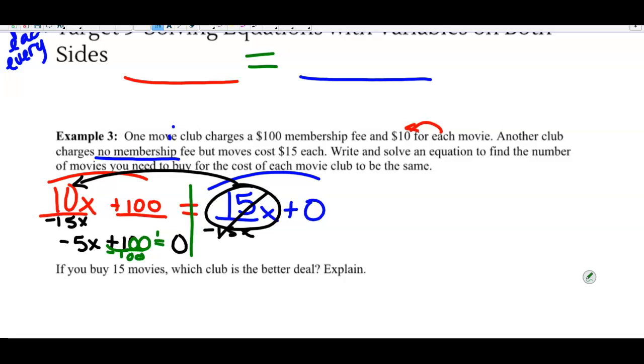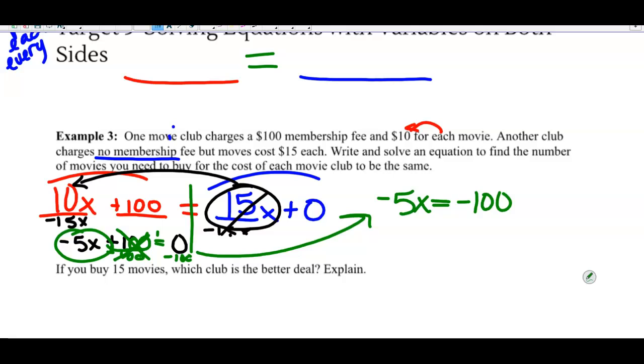Okay. And then I'm just going to put my work over there. It becomes negative 5x, and then this becomes minus 100. It's negative 5x equals, I'm going to move this because it's too squished. Negative 5x is what I have left over here. See? That canceled, and I have equals 0 minus 100 equals negative 100.